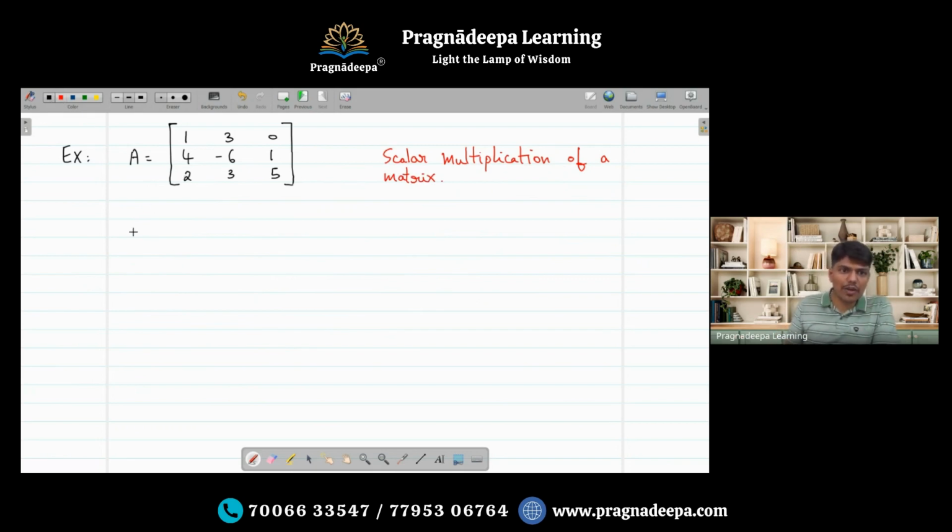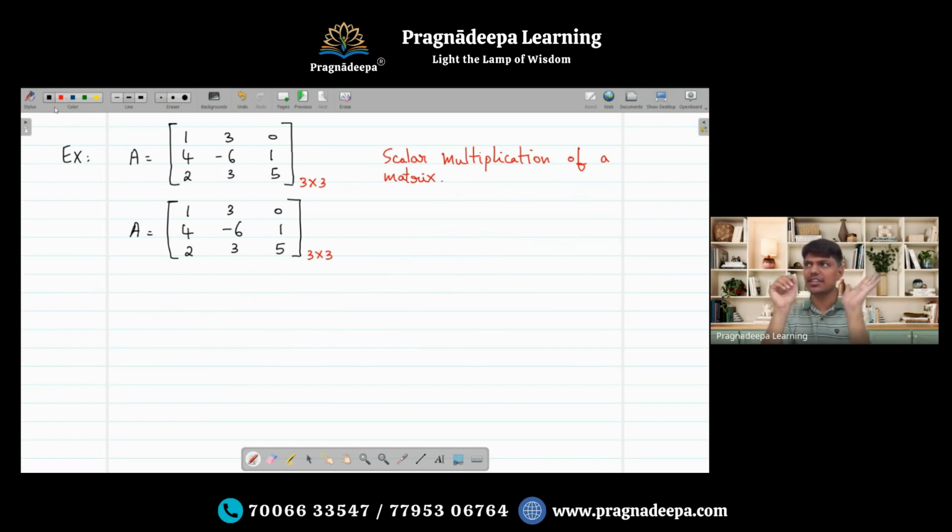I'll take the same matrix A once more. Now tell me, can you add A and A? Yes, because this is of order 3 cross 3 and even this is of order 3 cross 3. By the operations of two matrices, addition is permissible.